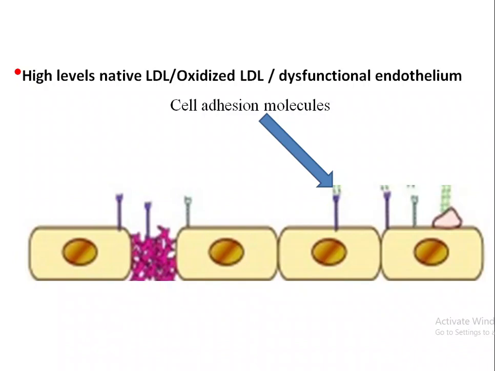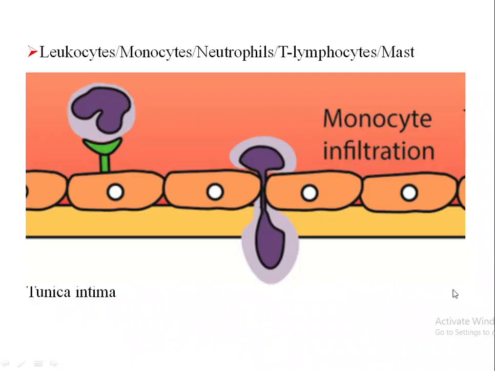It causes the increased expression of cell adhesion molecules on the surface of endothelium, which causes the recruitment of leukocytes, monocytes, neutrophils, T lymphocytes and mast cells.